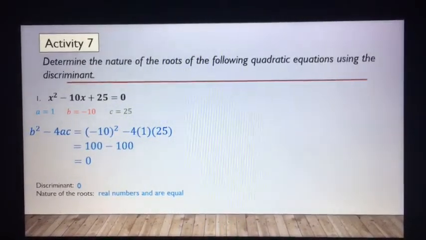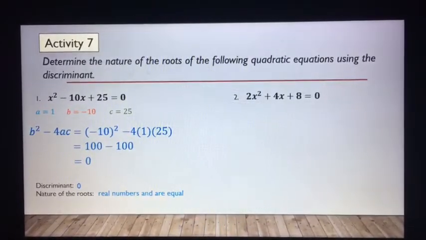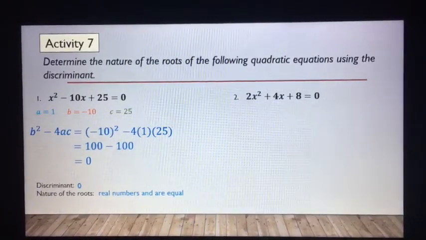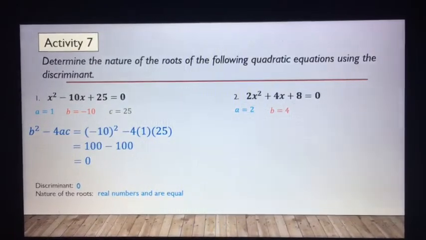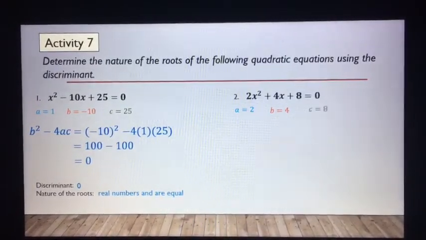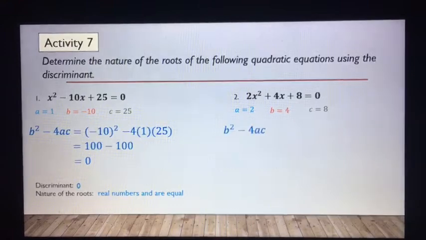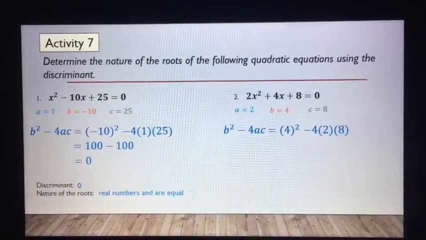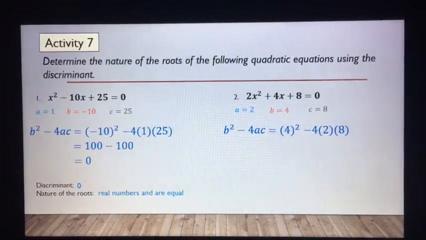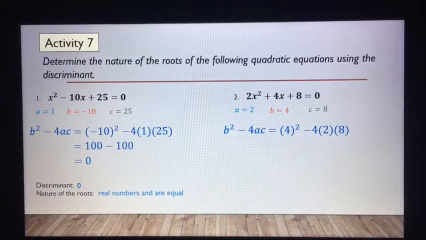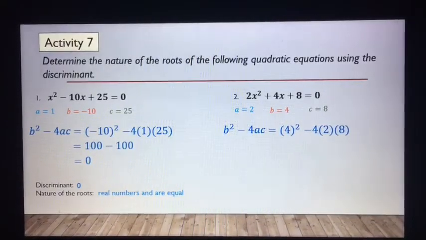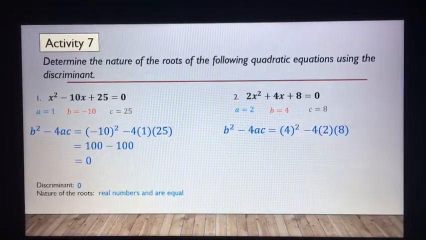Okay? Last example, 2x squared plus 4x plus 8 equals 0. So A is 2, B is 4, and C is 8. Correct? So evaluate B squared minus 4AC. B is 4. So 4 squared, that is 16 minus 4 times 2 is 8 times 8 is 64.